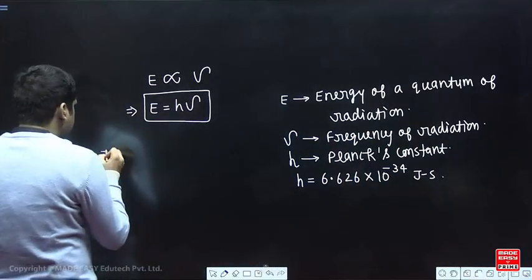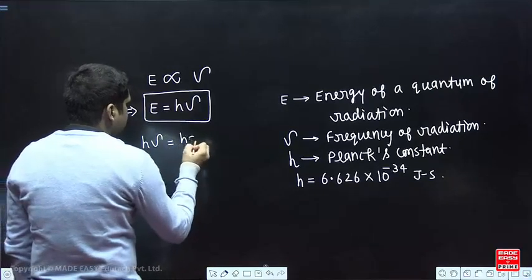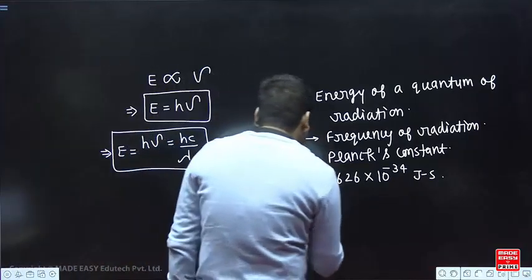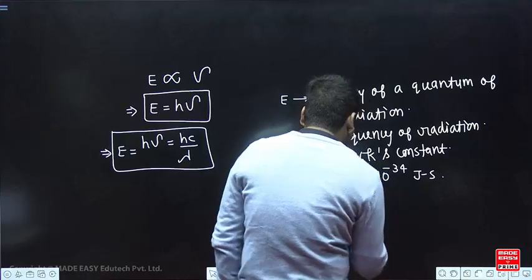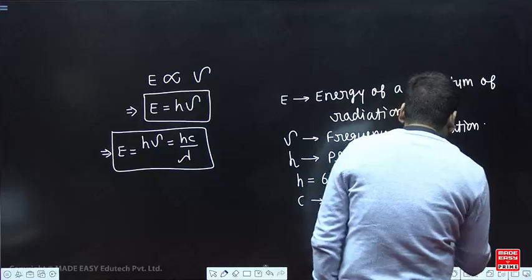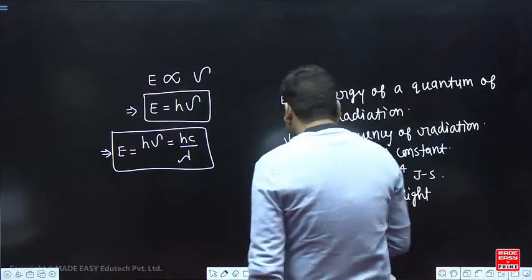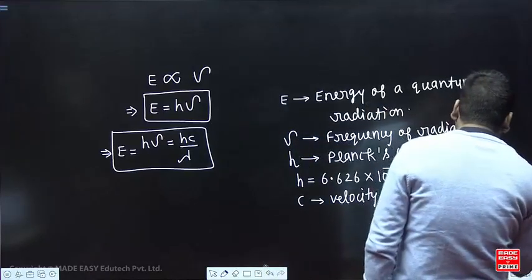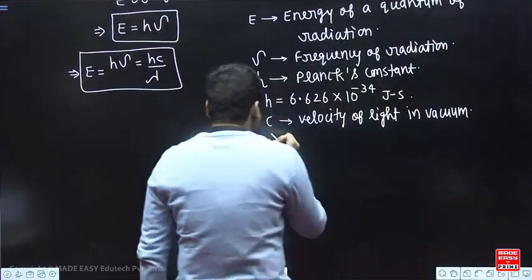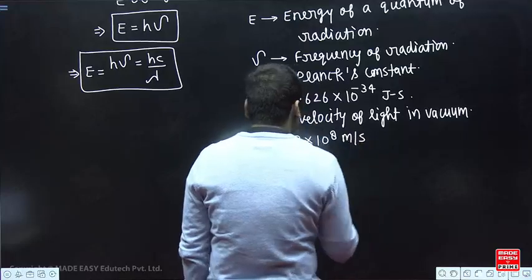This relation can also be written as E is equal to h nu is equal to hc by lambda, where c is velocity of light in vacuum, and value of c, you all know that 3 into 10 to the power 8 meter per second.